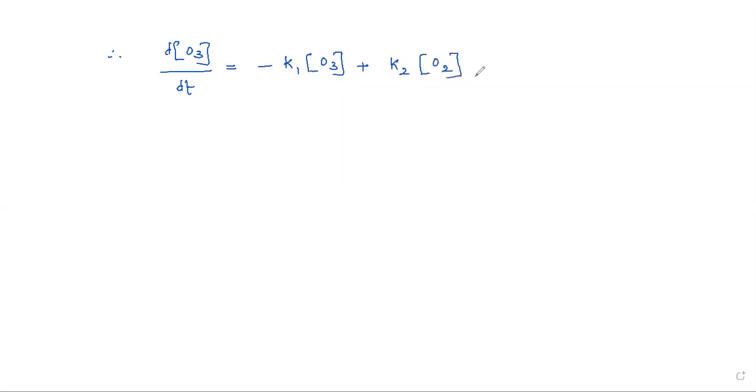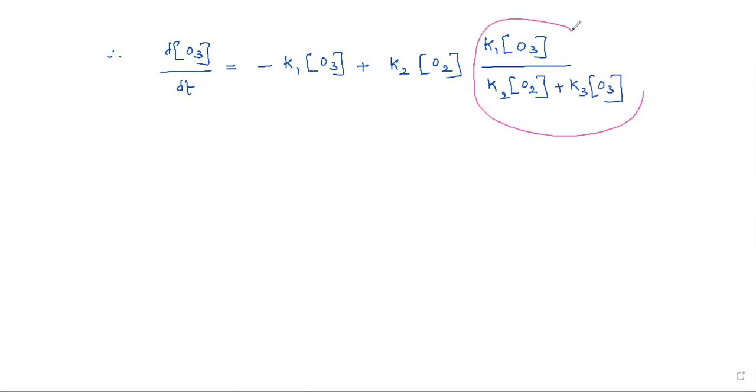And now the nascent oxygen comes into picture. That can be given as K1 into O3 by K2 into O2 plus K3 into O3. So this is our nascent oxygen thing.